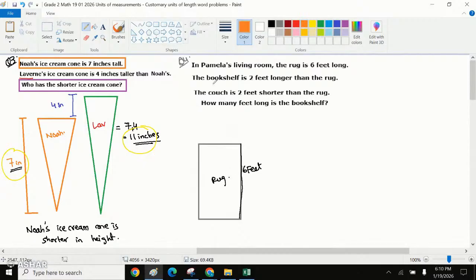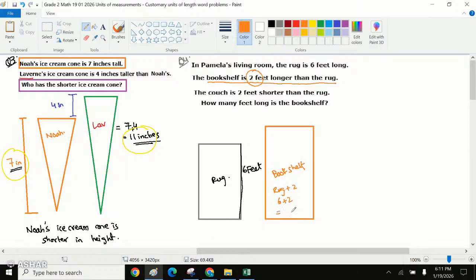And in the next part, they're saying the bookshelf is 2 feet longer than the rug. That means the length of the bookshelf would be, if this is the bookshelf, 2 feet longer than the rug. That means the length of the rug plus 2 feet. That means 6 plus 2, that equals 8 feet. Okay.